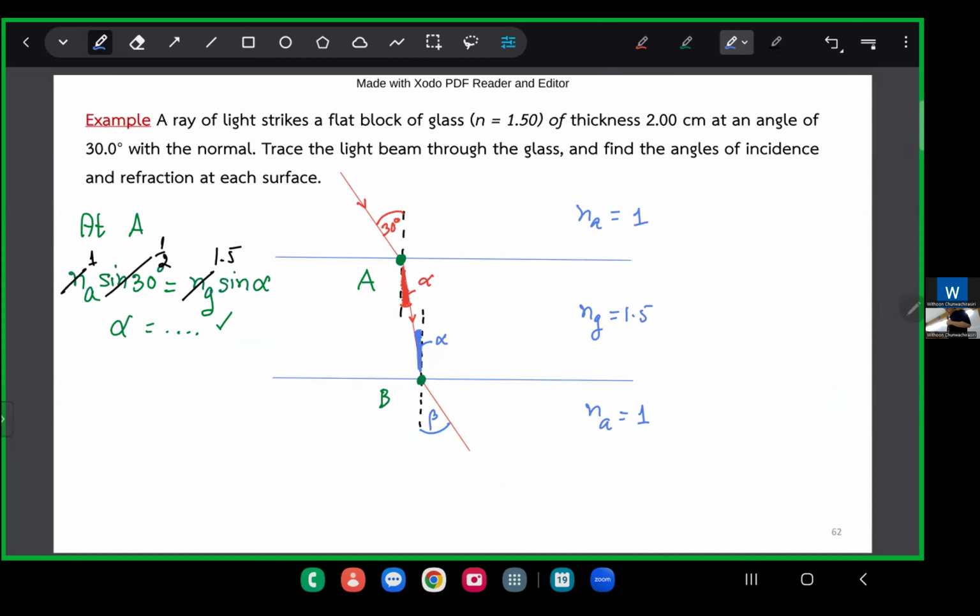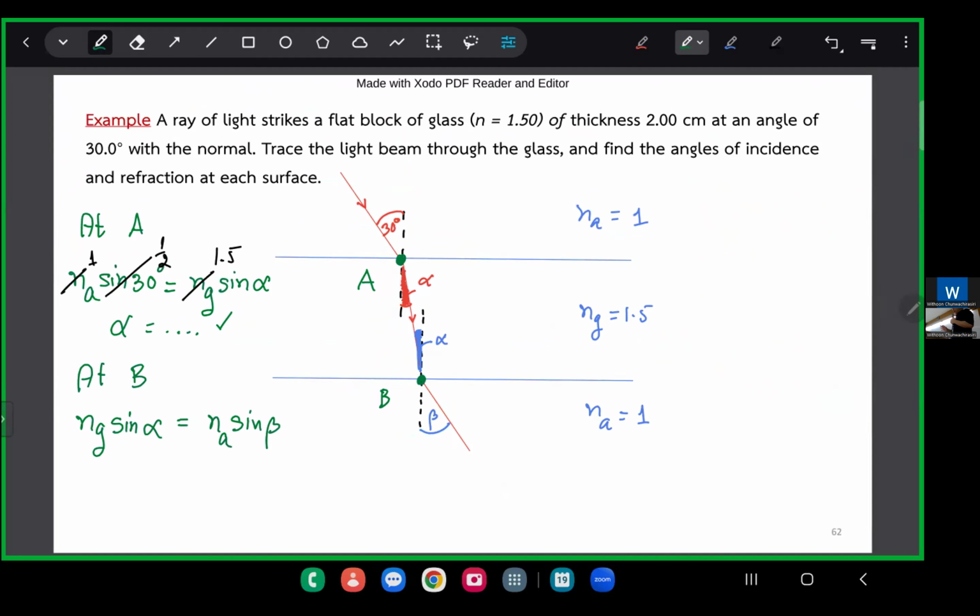I apply Snell's law at point B, doing the same thing. You can do it in any order you want, it doesn't matter. I can start from the glass: N of glass sine alpha must be equal to N of air, since it comes out to air, sine beta. See, your job is done.